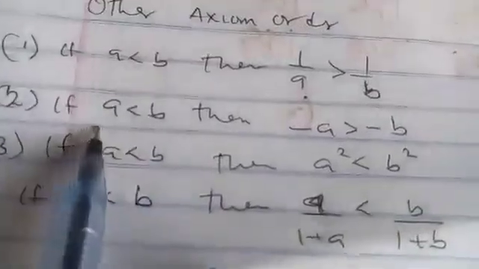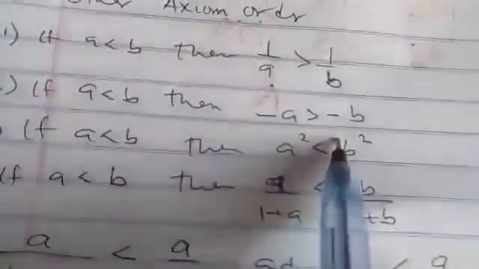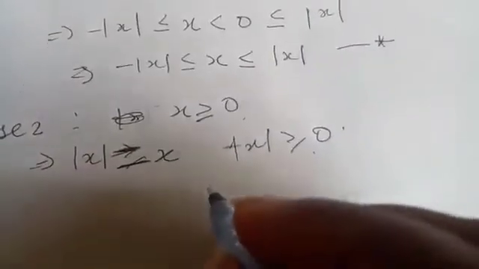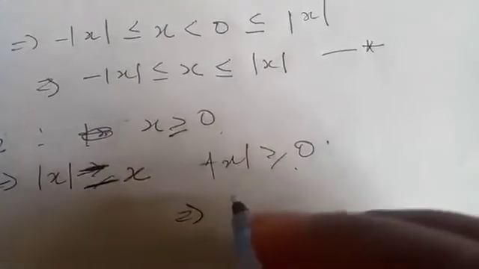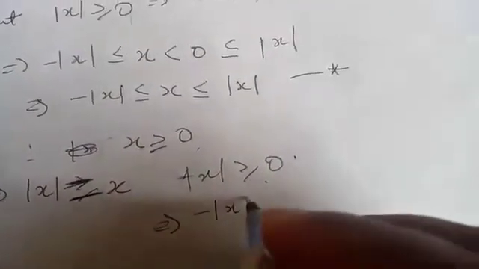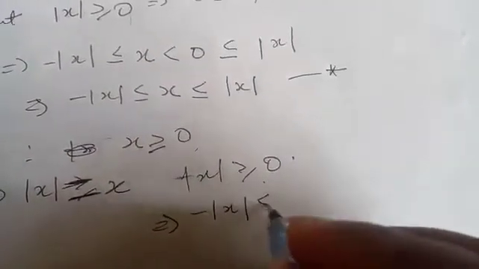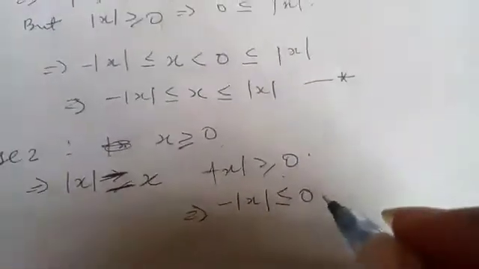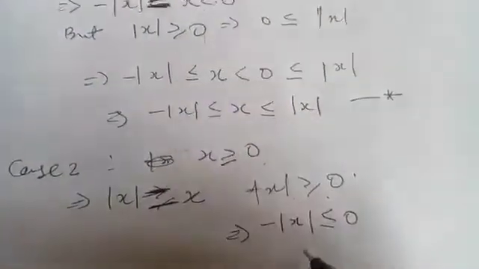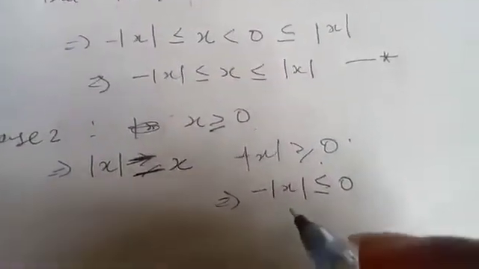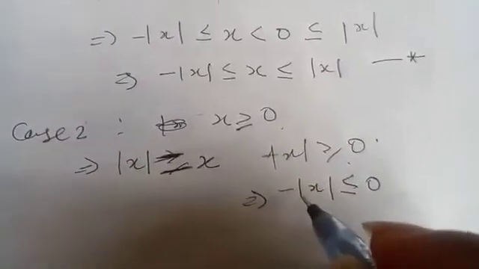By our other relation, this one, which says that if you multiply both sides of an inequality by negative, the sign changes. So in that case, let's apply it here. This simply means that minus, if I multiply both sides by minus, it will turn to less than or equal to 0. So that is when I put absolute value there.